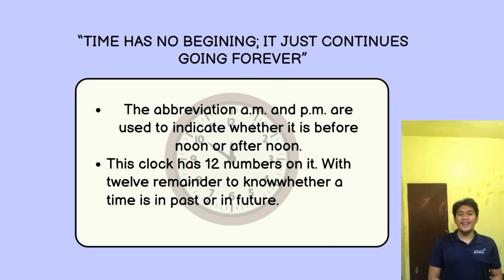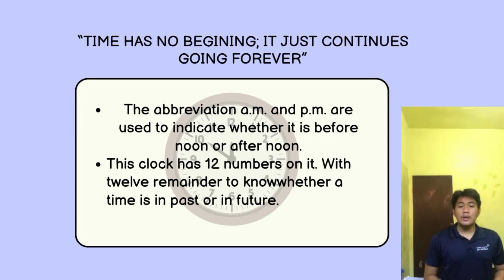Time has no beginning, it just continues forever. Do you agree with that? The abbreviations AM and PM are used to indicate whether it is before noon or after noon. Numerous clocks use the well-known 12-hour format. In this instance, we start with 1 after the clock strikes 12.